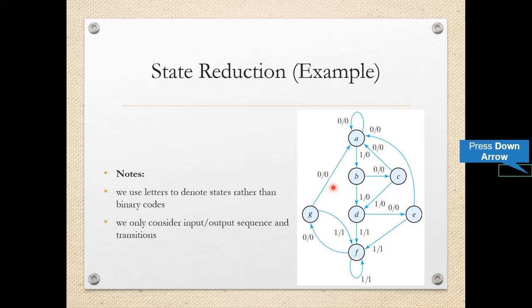For example, in state A, if the input is 0, then remain in the same state by keeping output 0. If the input is 1, then go to state B by keeping output 0. Likewise for all the states, only the input sequence and the transitions are considered.